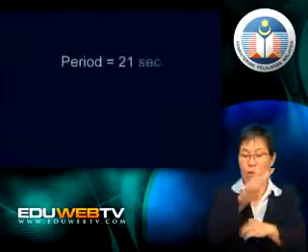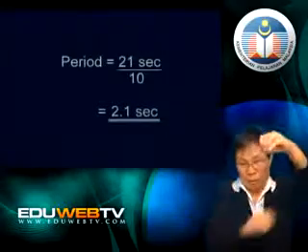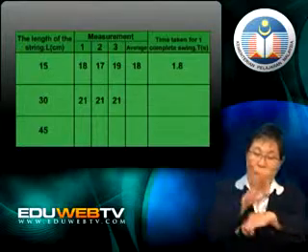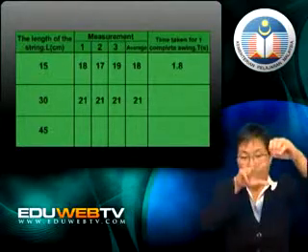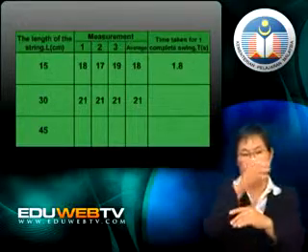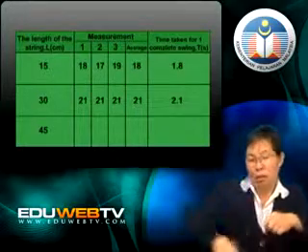It means that the period of an oscillation for this pendulum is 2.1 seconds each. The period of oscillation for the 30-centimeter pendulum is higher than the 15-centimeter pendulum. What does this mean? It means that it takes a longer time.